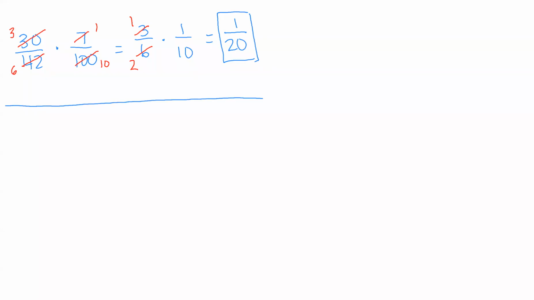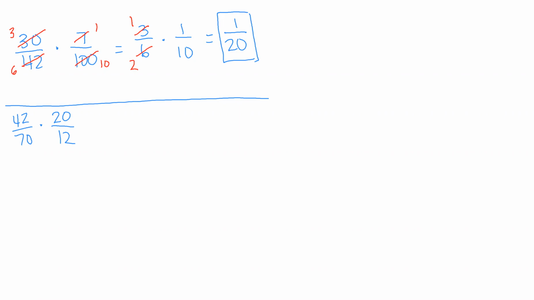So let's say that I have 42 over 70, and I have 20 over 12. All right, there are several ways you could start by simplifying. Just keep in mind any factor anywhere in the top with any factor anywhere in the bottom.